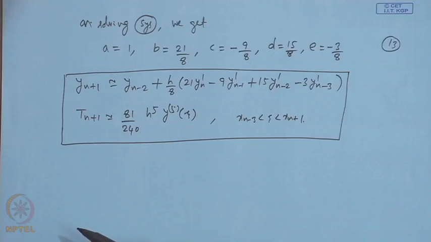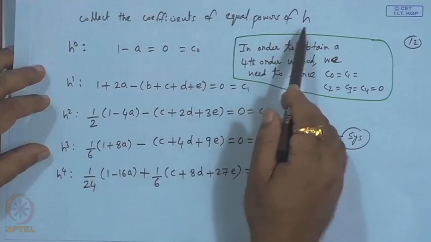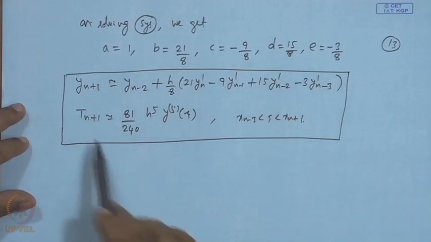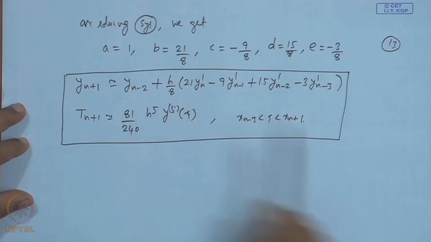Then we have collected the coefficients of equal powers of h and then we have determined the coefficients that will decide the matter. Okay. So, accordingly, if suppose somebody asks derive say third order method, then we expand and collect the coefficients of equal powers of h and force them to be 0, that is C 0, C 1, C 2, C 3. Okay. And then C 4 onwards will contribute to the error, right.